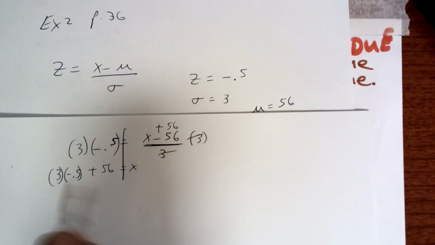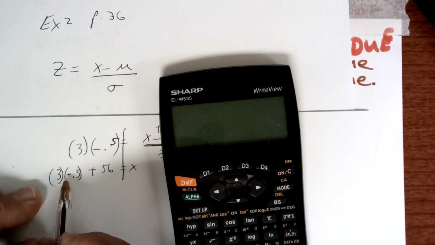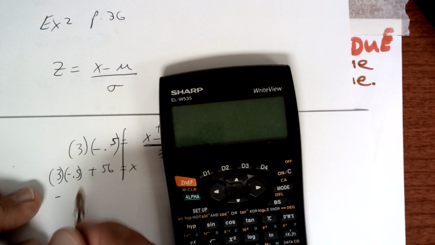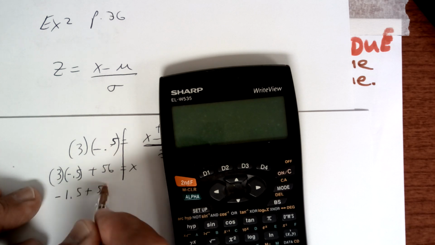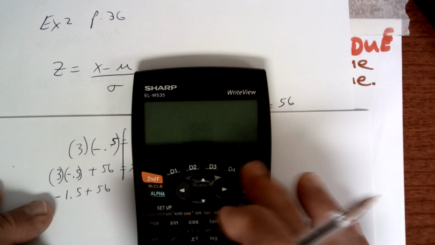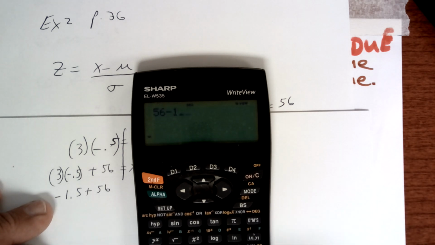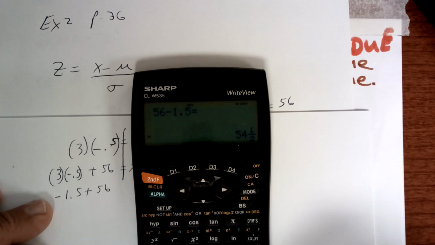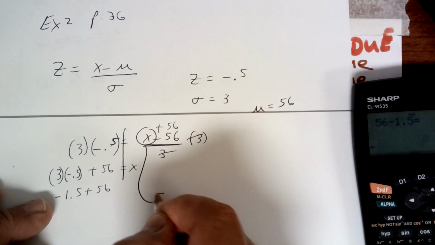So you take your calculator, positive times a negative, that's a negative. So that's going to be 56 minus 1.5, and I get 54.5. So the number is 54.5.